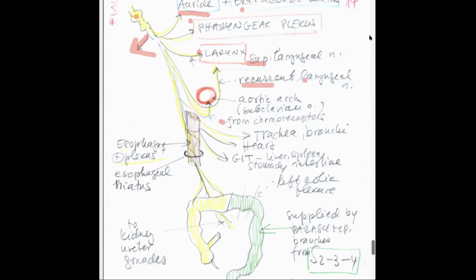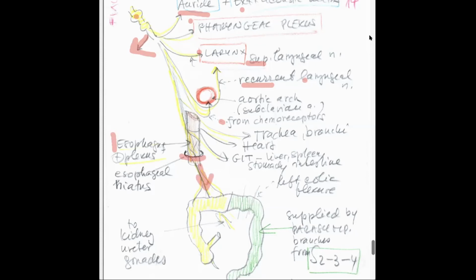Yes, we said that under the arch of aorta lies the group of the chemoreceptors. Then we see the esophagus. Together with esophagus descends the esophageal plexus, passing through the esophageal hiatus and finally reaching the abdominal viscera.